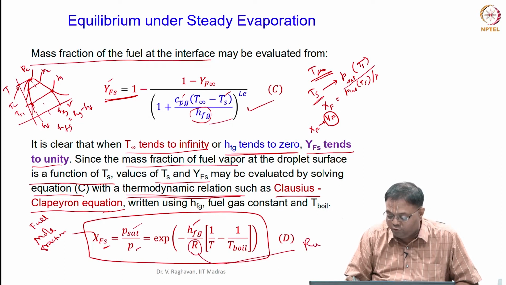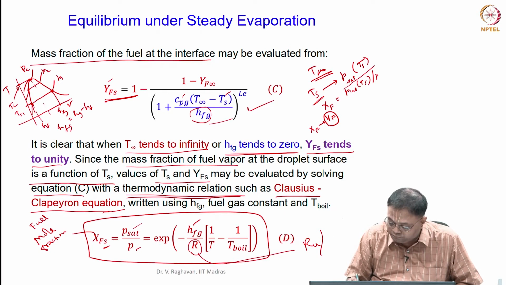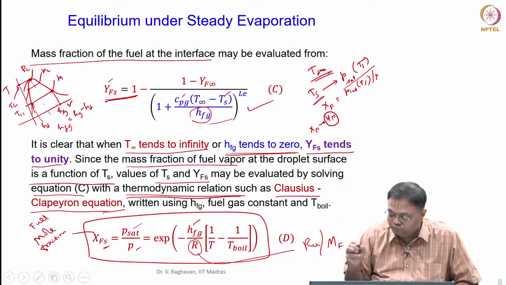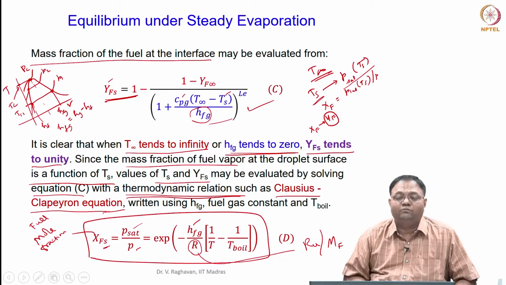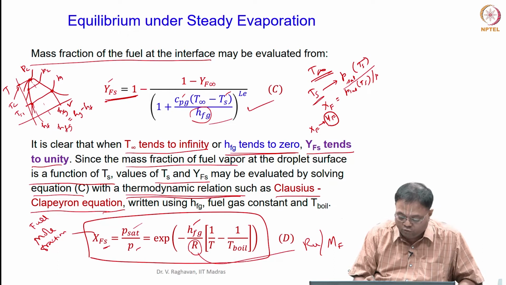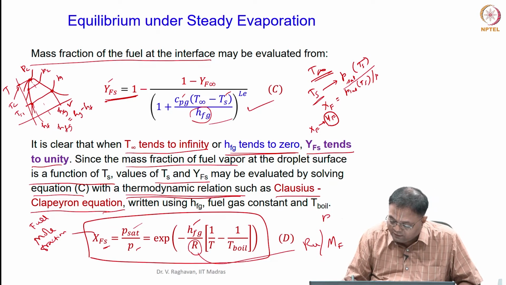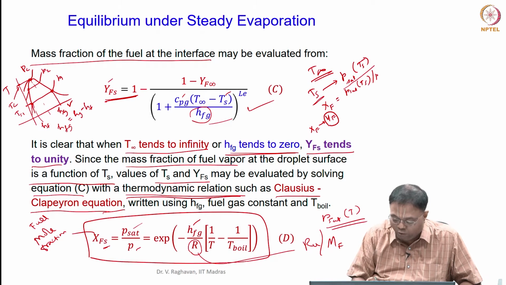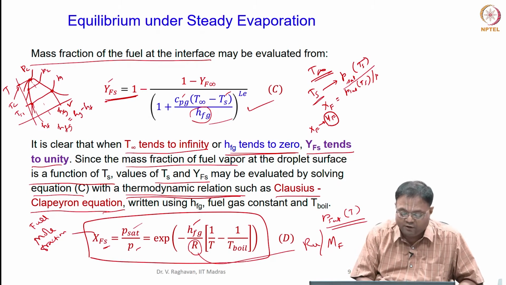This is nothing but Ru divided by the molecular weight of the fuel, specific gas constant of the fuel, into 1 by T, any temperature. So, this Psat at any temperature T I am going to get.